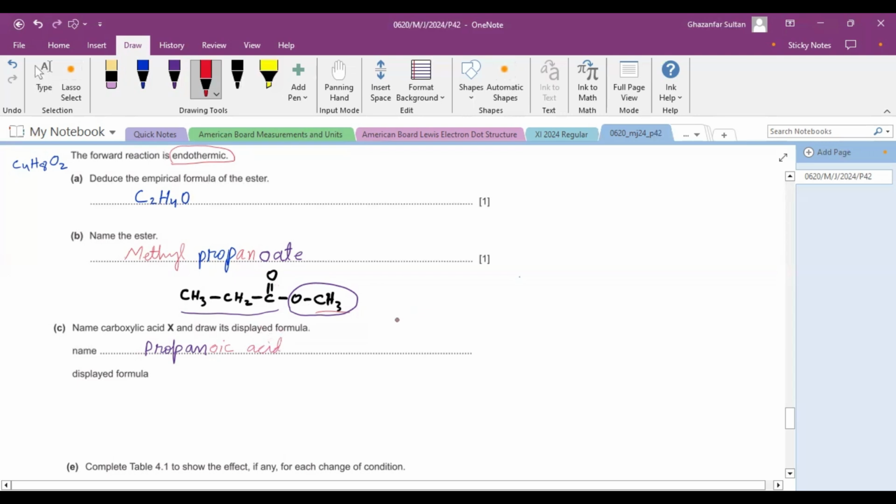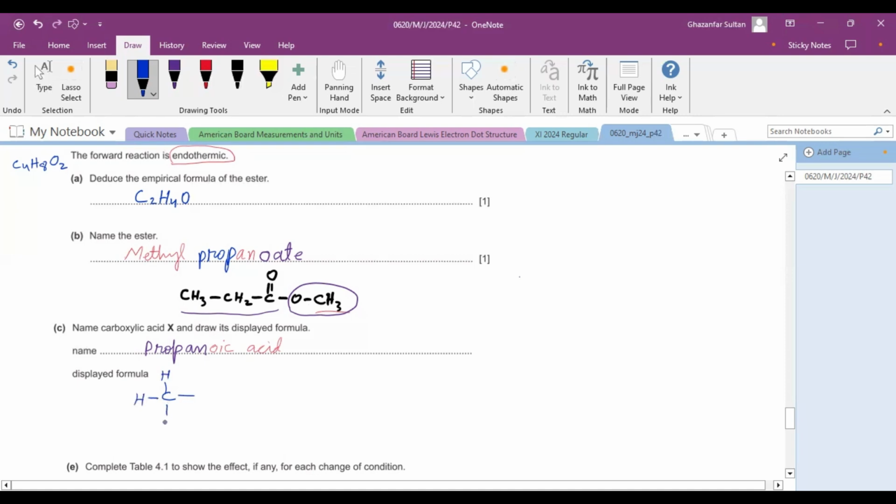If you want to draw this formula, as they are asking about its displayed formula, a displayed formula is a formula where we should write every bond. We have to show every bond. So first one is the CH3.